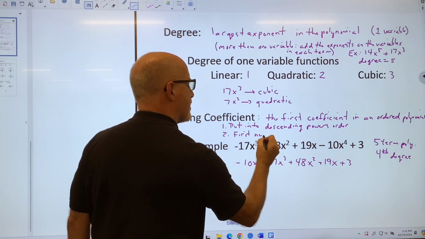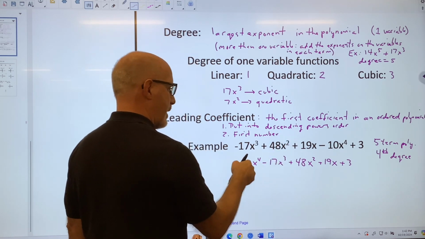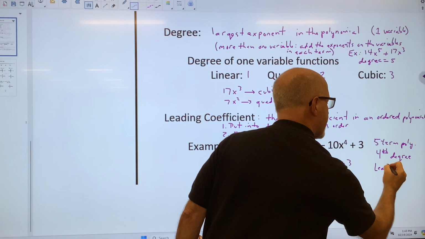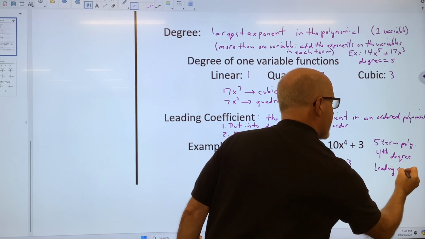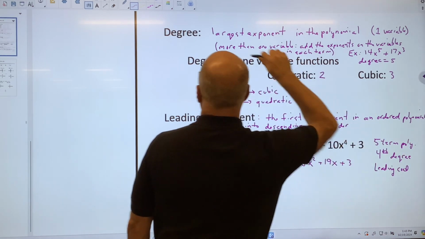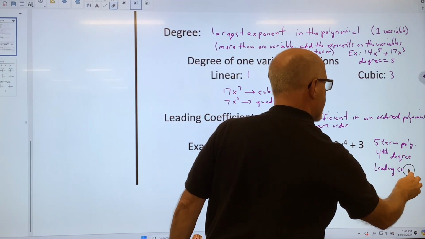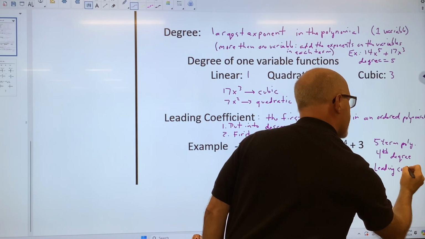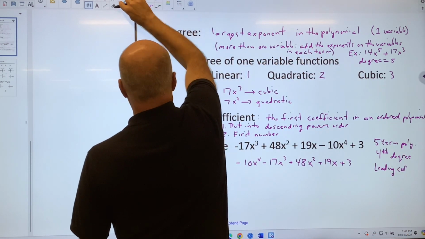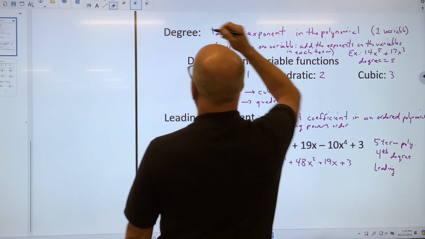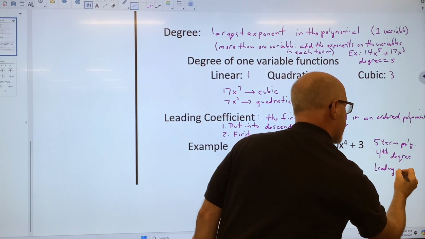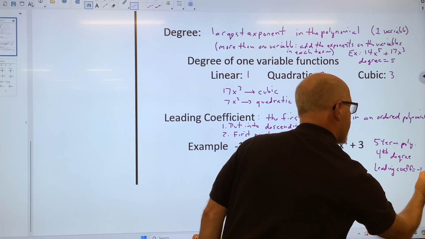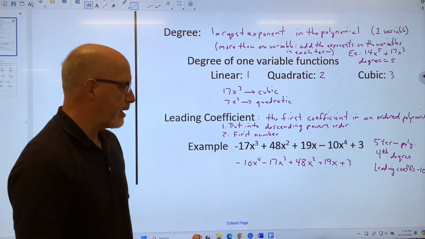The leading coefficient is going to be that leading number, which is negative 10. So negative 10 is my leading coefficient.